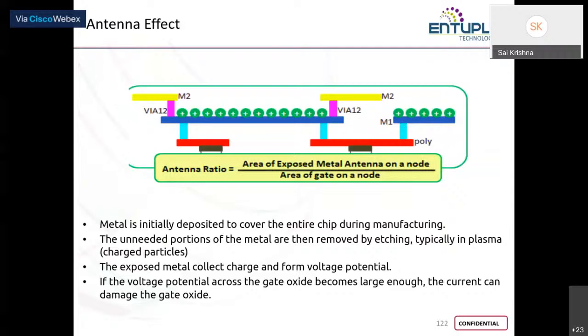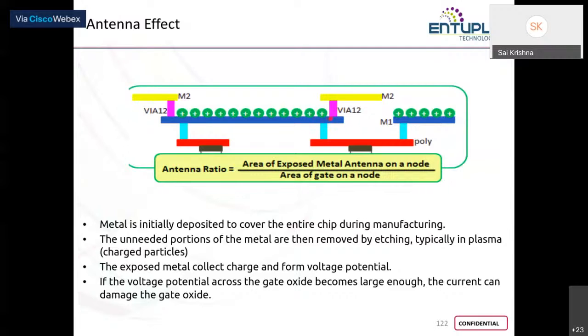So there is a ratio called the antenna ratio, which is the area of the metal at the connection point divided by the area of gate at the node. This ratio is mostly less than 1, but whatever minimum and maximum range is given during your routing, it has to be maintained.